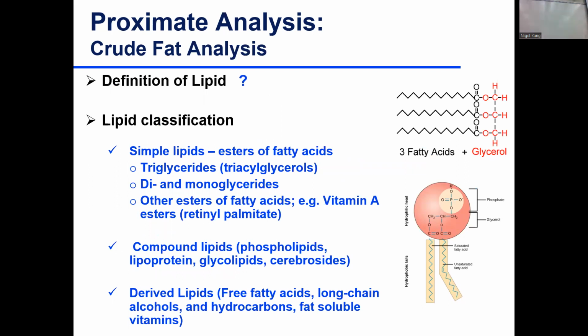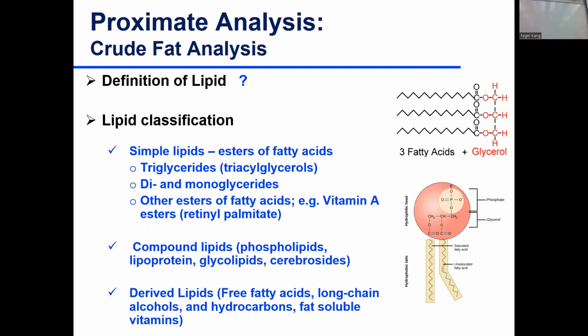Can you define lipid? We talked about it. You learn about it in food chemistry. So, okay.